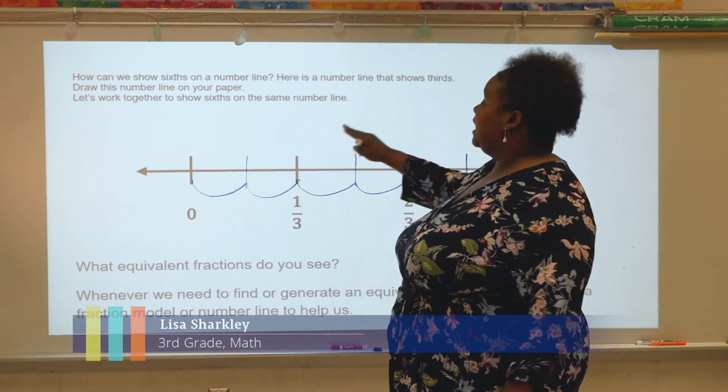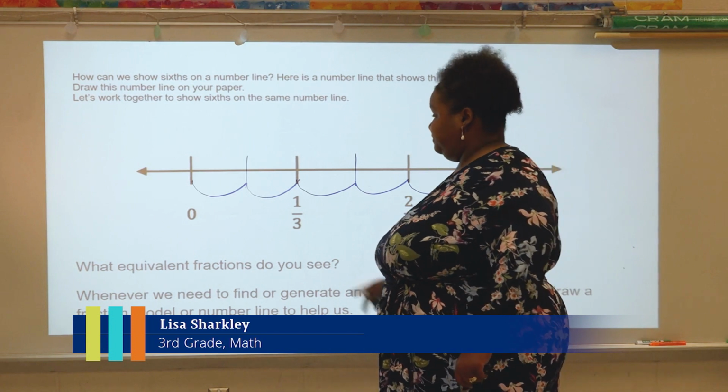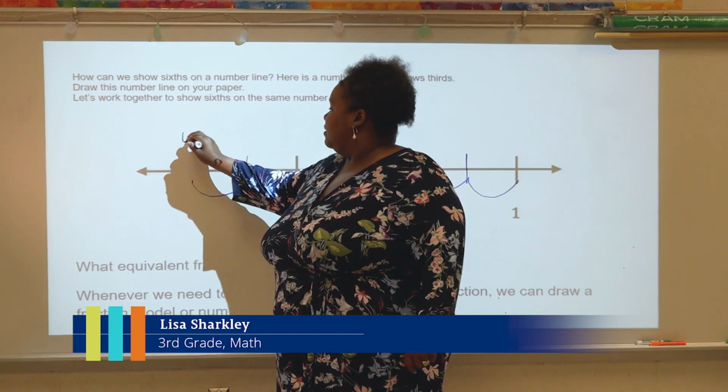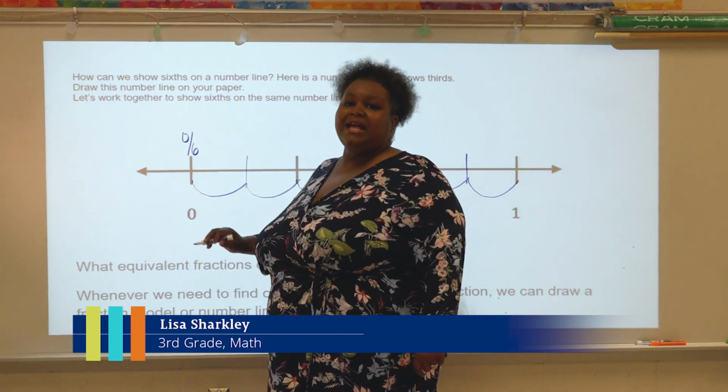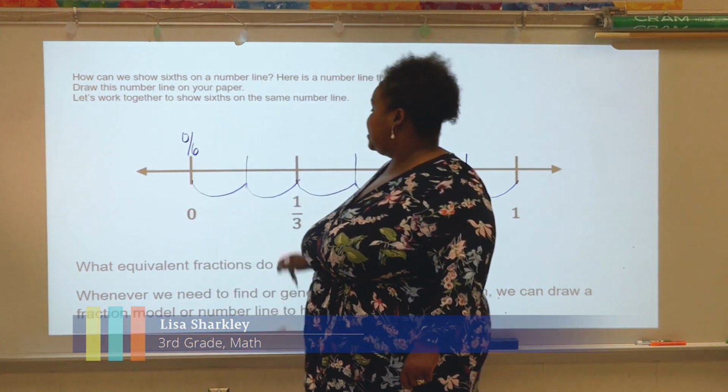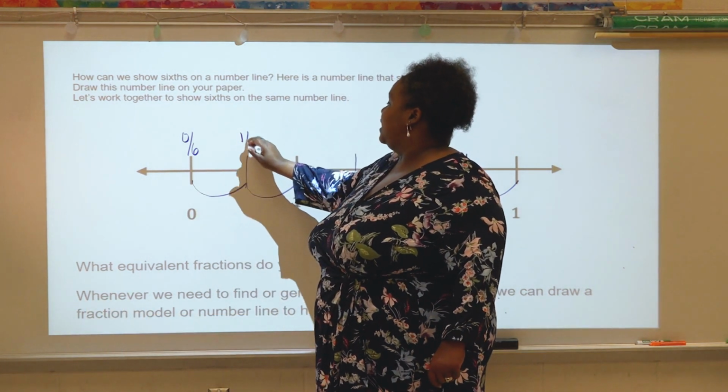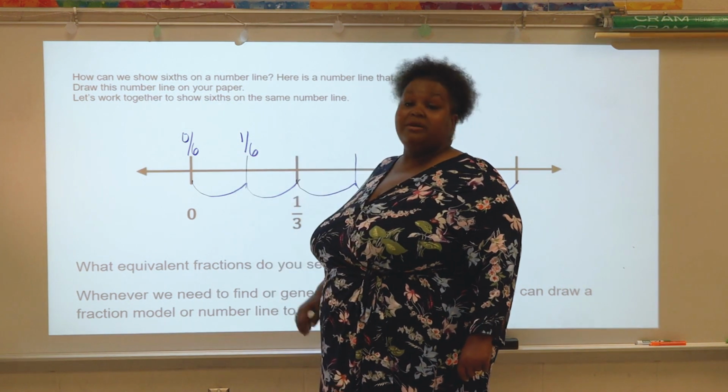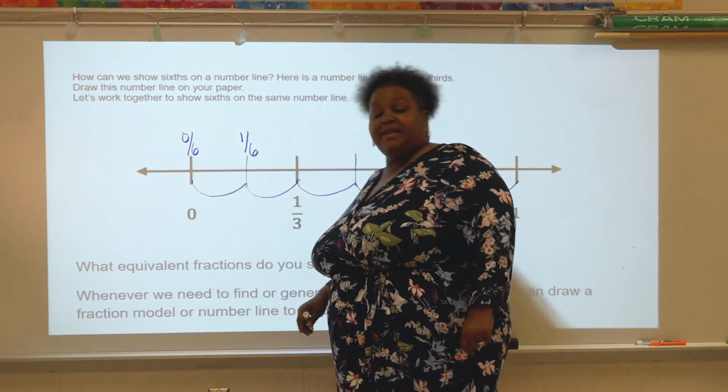Now, I want to label them on the top. Okay? So, 0 sixths, that's my denominator, 6. My next piece would be 1 sixth. Numerator is 1, denominator is 6.